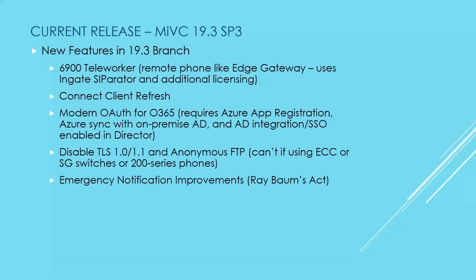Kind of already mentioned this in passing, but a large number of improvements, particularly related to compliance with Ray Baum's Act. This was a major regulatory change that forced all the major PBX manufacturers to quickly adapt their product to meet the requirements of the law. And really, a lot of the work had to be done around identifying mobile users.